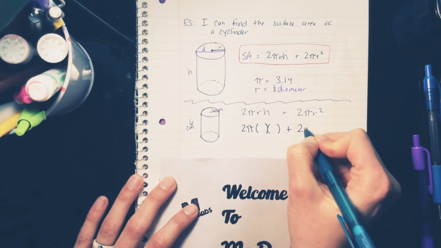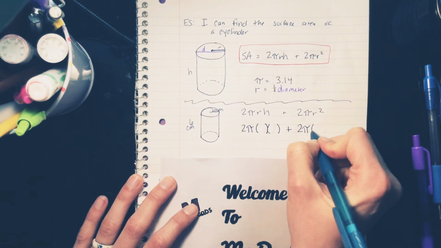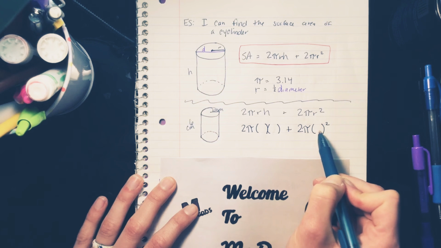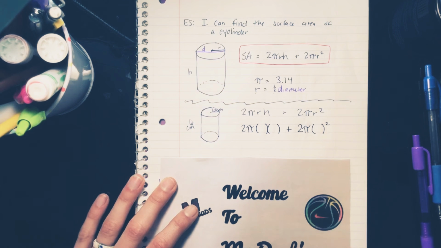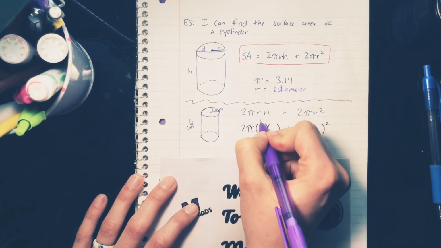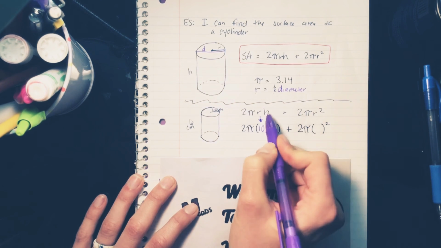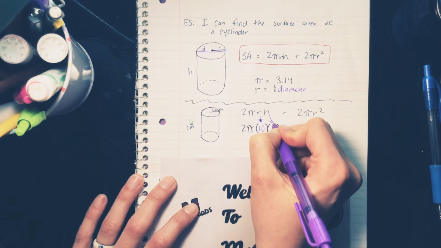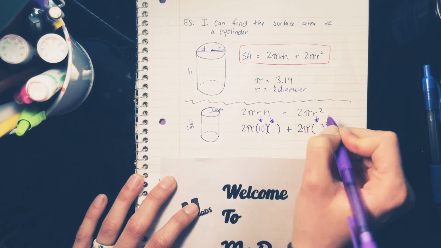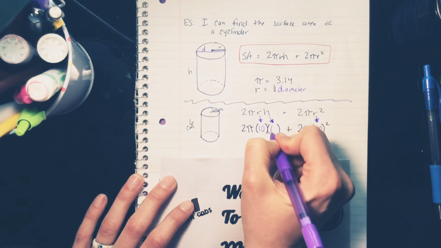We don't need to fill in the 2 times the pi because we already know pi is 3.14. So we plug in the radius, and then it's always squared. Our radius again is 10, and our height is 6. Then in part 2 of the formula, we plug in our radius again. It is 10.